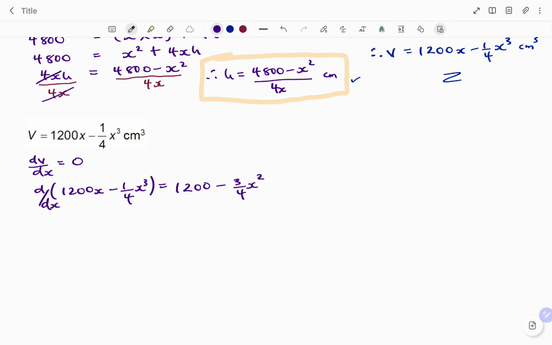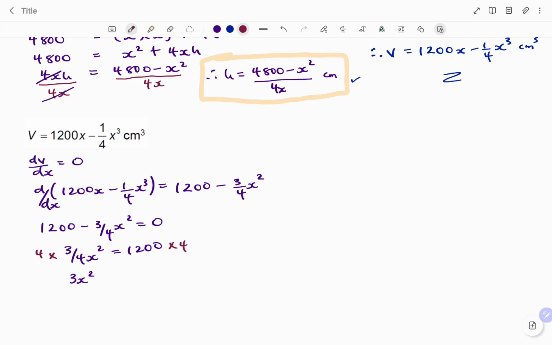You can look at some of the links below for how to differentiate. Then we have 1,200 minus 3/4 x squared, and I'm going to equate that to 0. I have 3/4 x squared equals 1,200. Simplifying, I have 3x squared, that's multiplying both sides by 4.